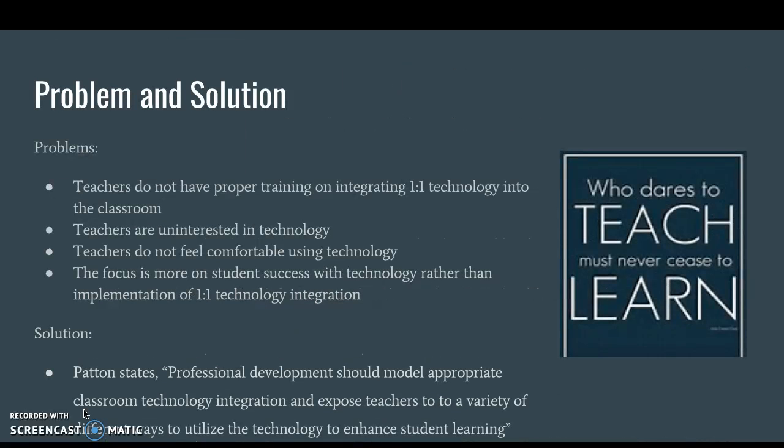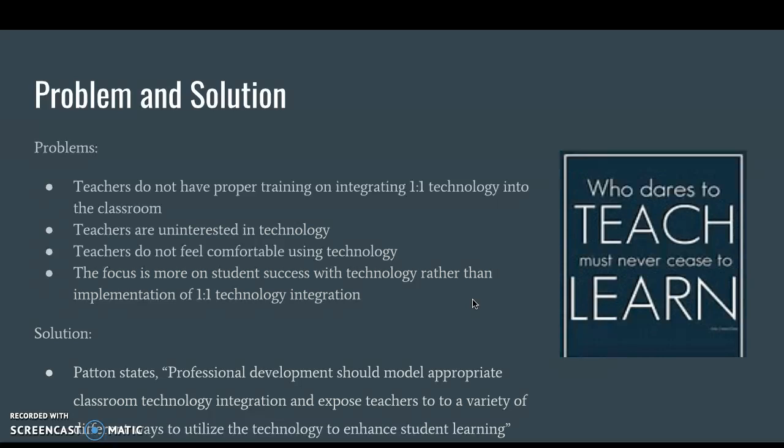The problems discussed in this article were that teachers don't have proper training, teachers are uninterested in technology, they don't feel comfortable using it, and the focus is more on student success with technology rather than effective implementation of one-on-one technology integration into schools.